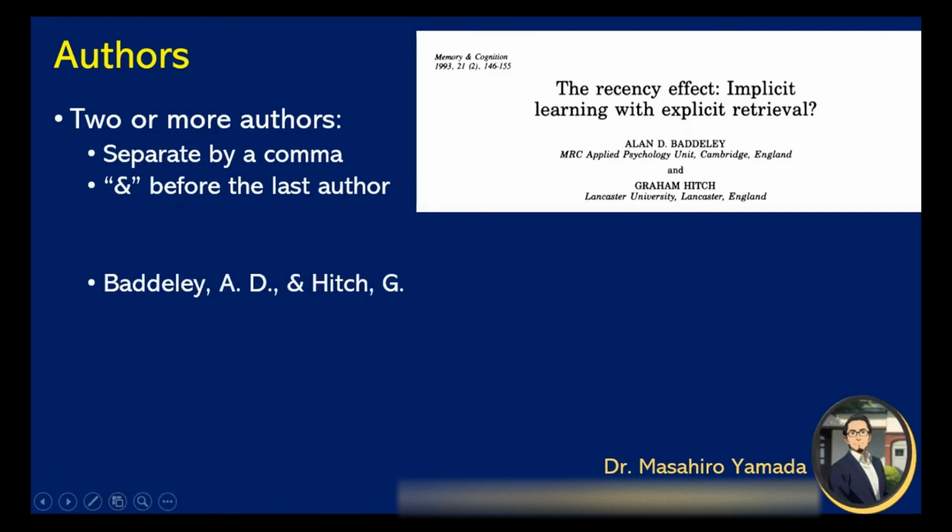In this example, as you can see in the screenshot on the top right corner, there are two authors, so the last author will be the second author. Spell out the last name, comma, initial, and after you finish the first author, a comma. Before the last author, you signal by using the ampersand symbol.